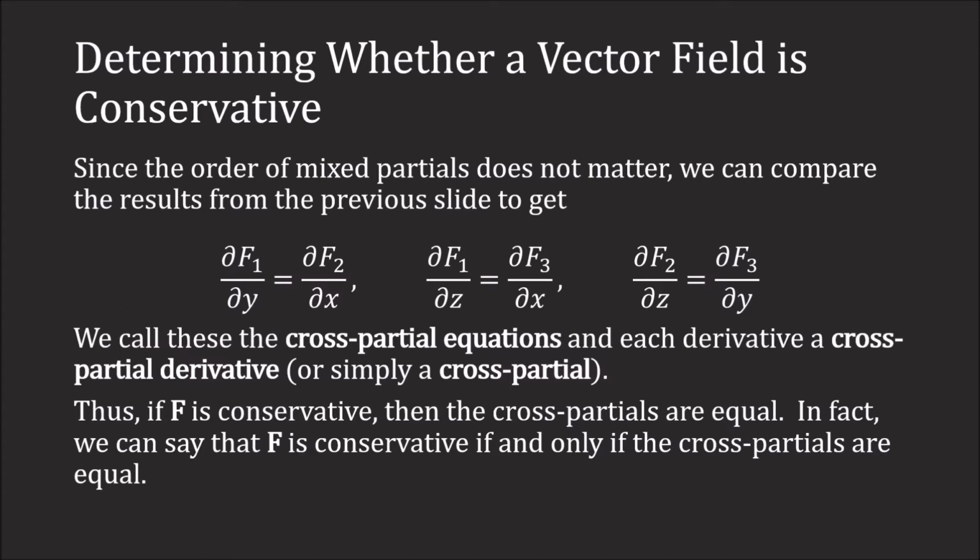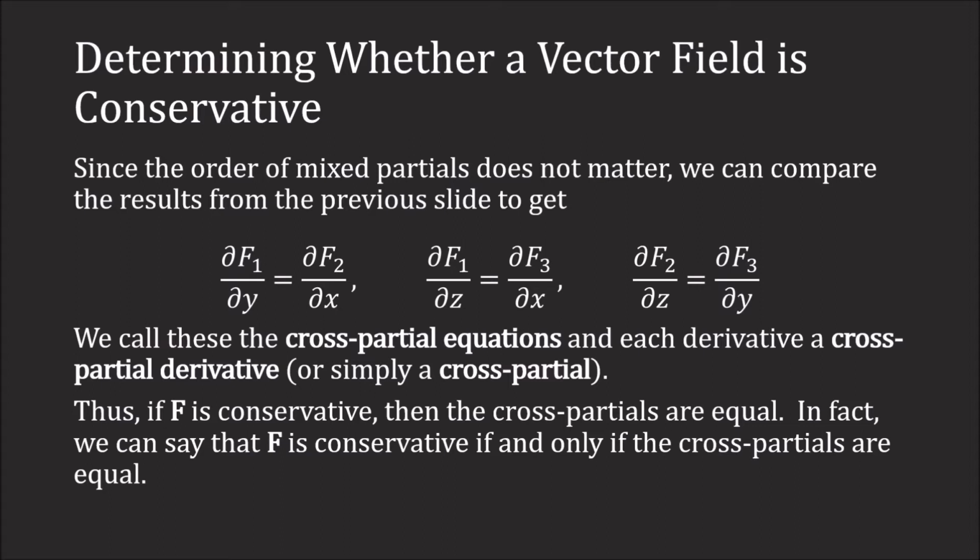We offer this second part of the proof, that is, the direction if the cross partials are equal, then F is conservative, without proof, since we do not yet have all the tools required to prove it. So we've proven the one direction, right? We've proven if F is conservative, then the cross partials are equal. The other direction is offered without proof, and so we can write it as an if and only if statement.